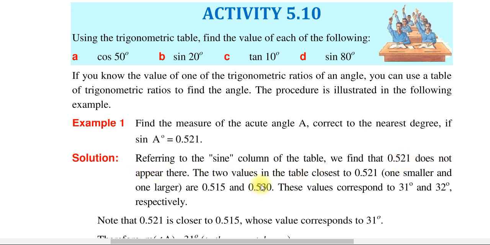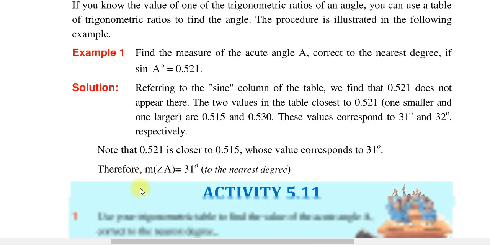The two values in the table closest to 0.521 are 0.515 and 0.53. These values correspond to 31 degrees and 32 degrees respectively. So 0.515 is the value for 31 degrees and 0.53 is the value for 32 degrees.